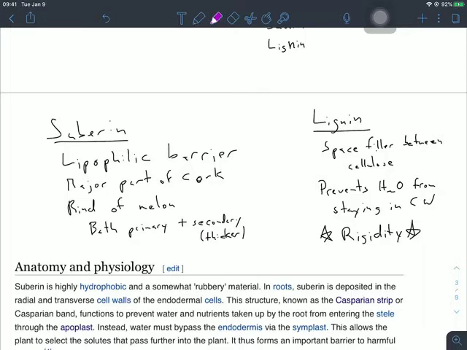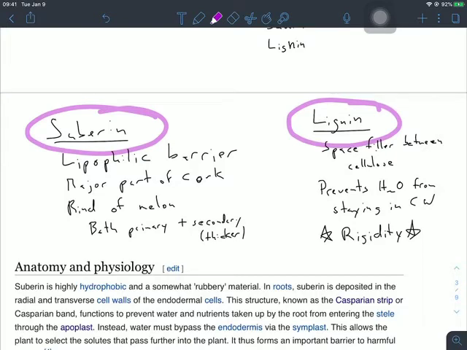So we've got these two pieces: suberin, which is highly important in our Casparian strip, helping water leave the apoplast and filter through symplastically, and lignin, which is present in cell walls in large quantities, again in the Casparian strip, as well as the xylem, helping our water move along apoplastically where necessary, but then also helping keep it out of the cell wall when the water needs to be filtered via symplastic transport.